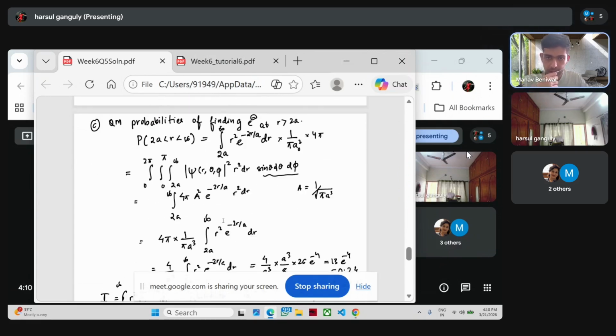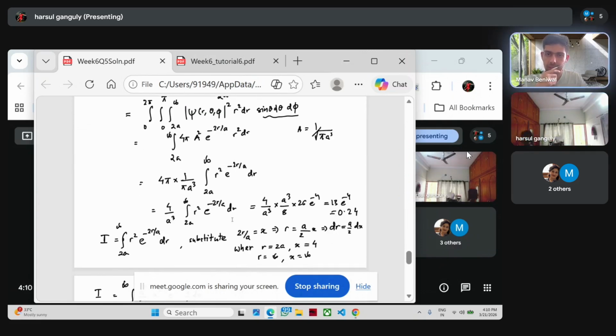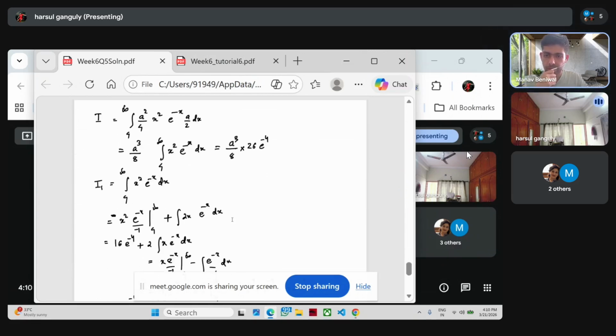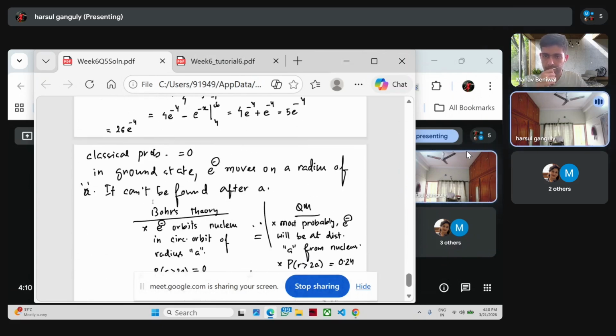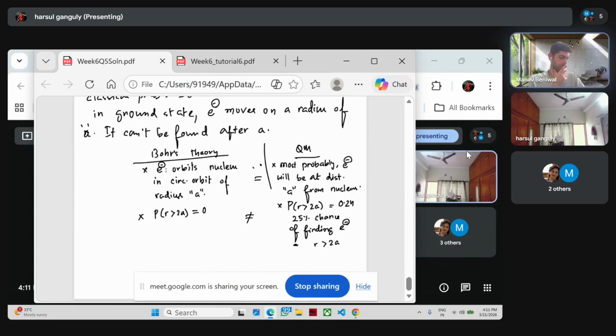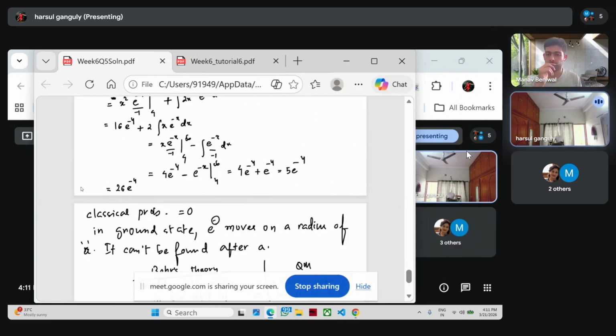Yes. This is fine, basically psi squared. Correct. So this part we were able to calculate. But the classical probability equal to 0 is what has been given here.